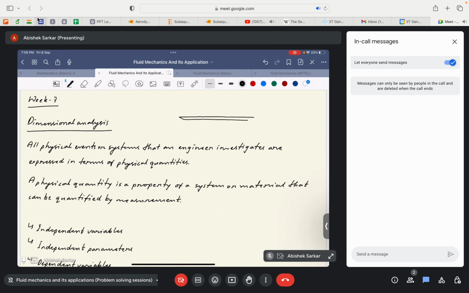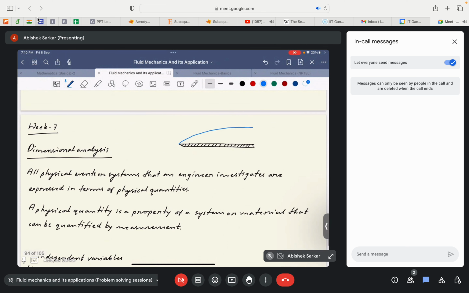Okay, so if this is a flat plate, and there is a flow over this flat plate. Let me say there is an incoming flow. I hope the screen is visible.